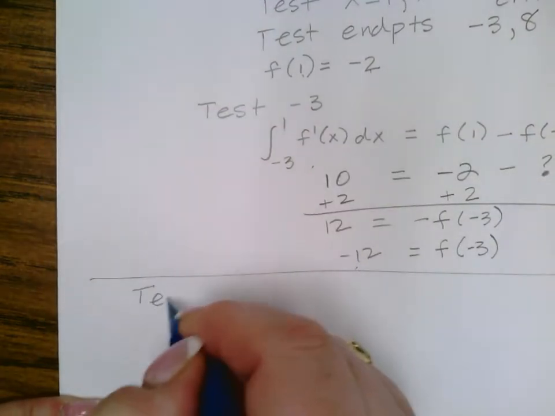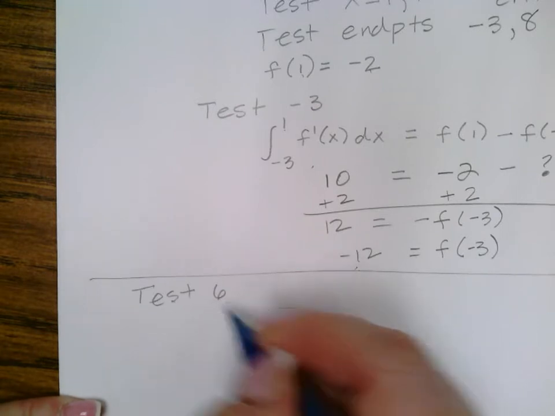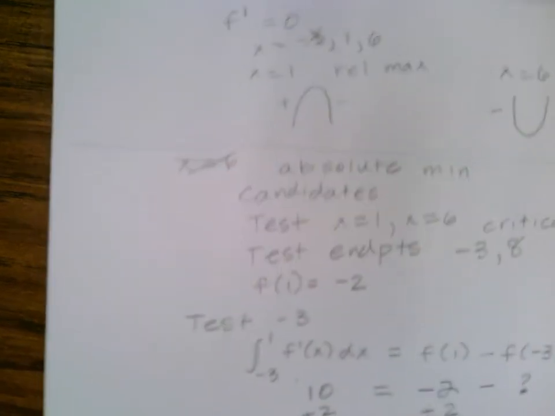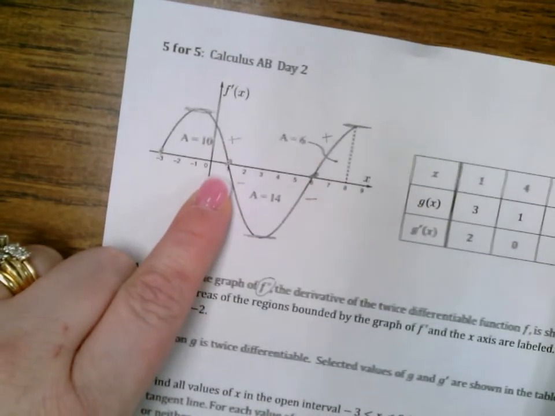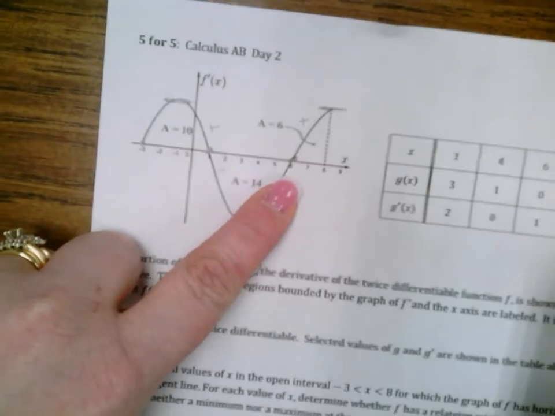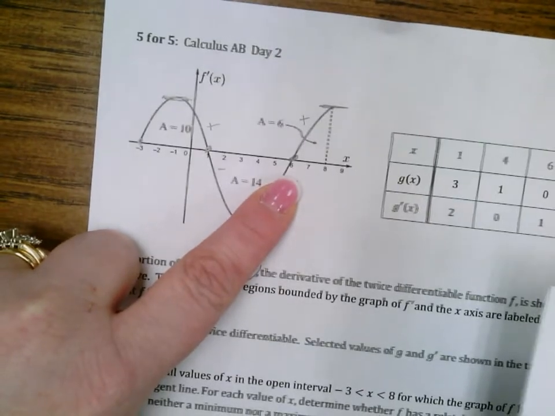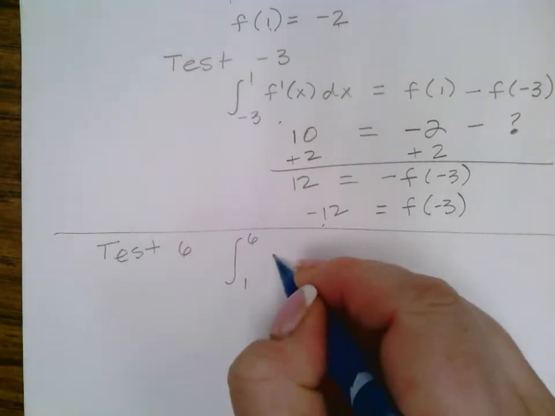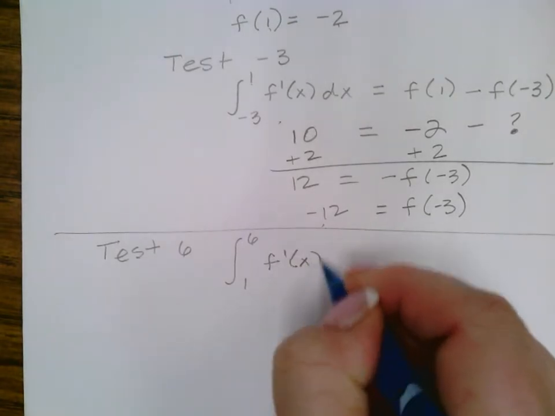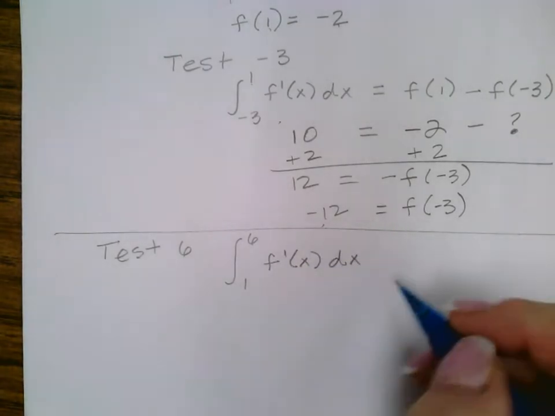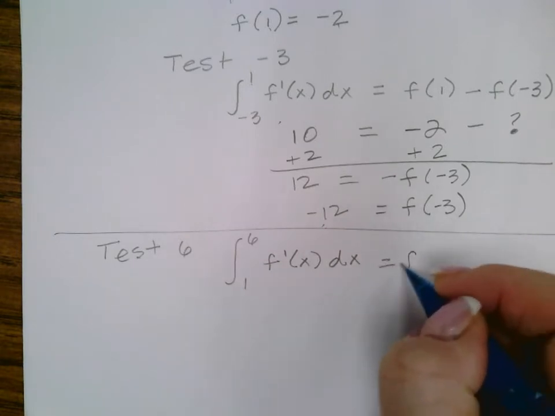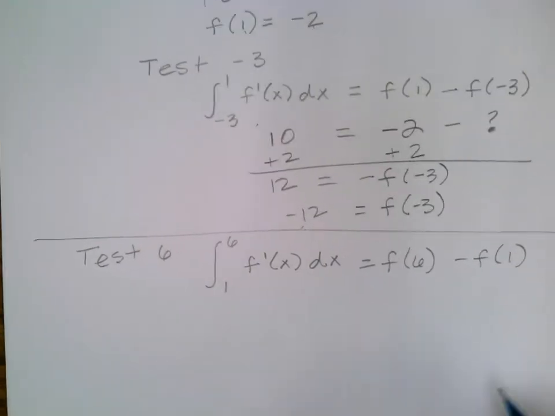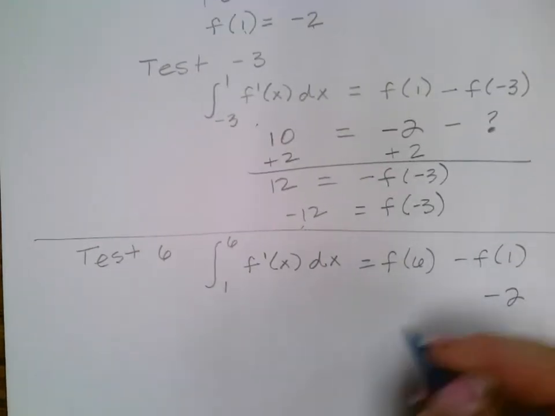Now I'm going to test 6 in much the same way, but I'm going to go from 1 to 6 this time. Why is that? Because I know the area from 1 to 6. So that area is, they say, is 14, but remember it's below the x-axis. I know f of 1 is -2.